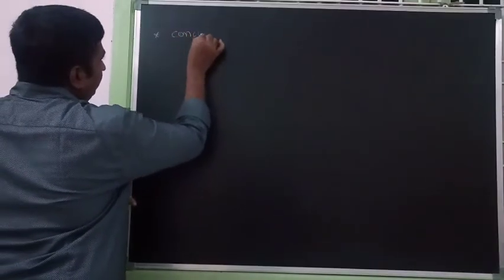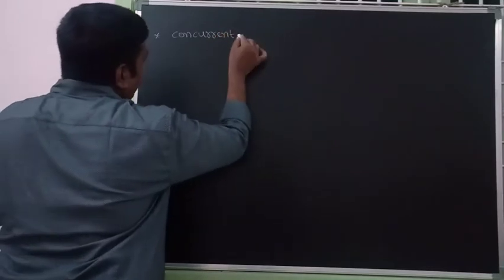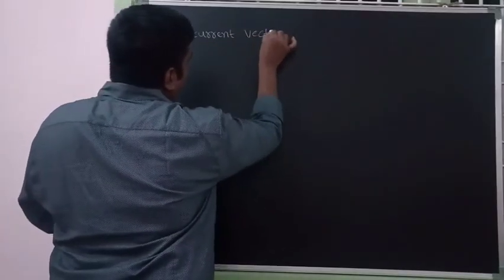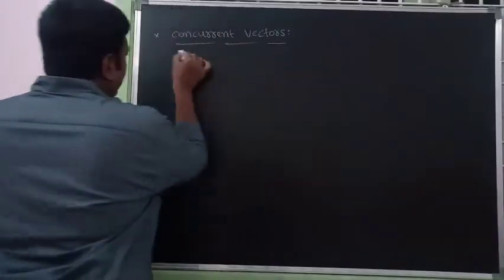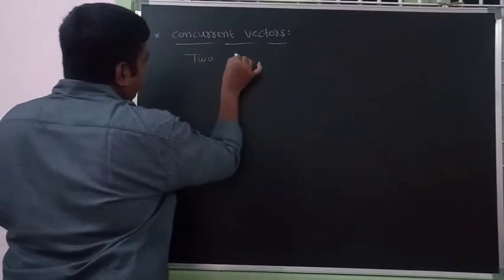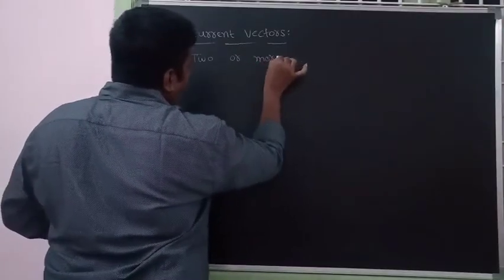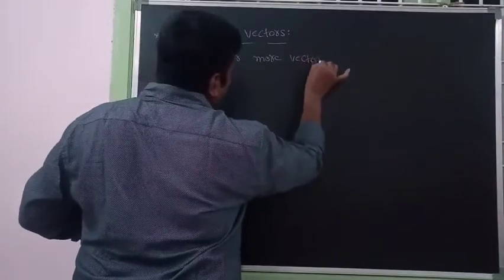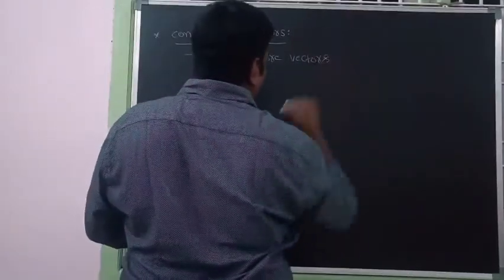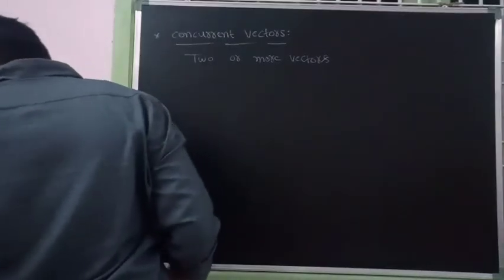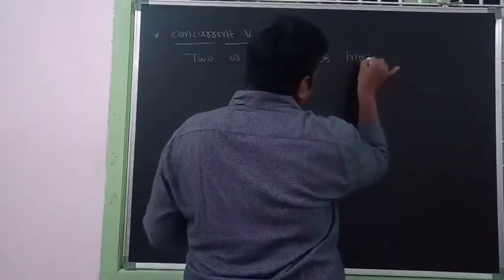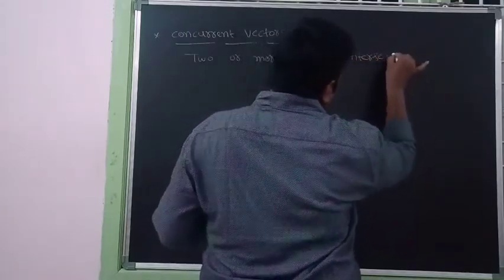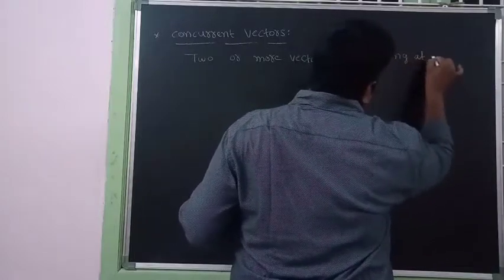Concurrent vectors. Two or more vectors intersecting at the same point.